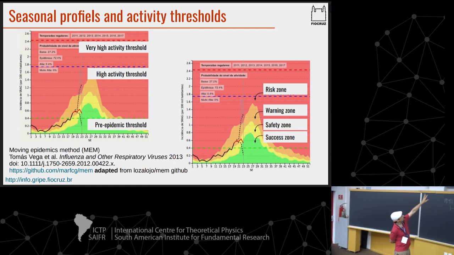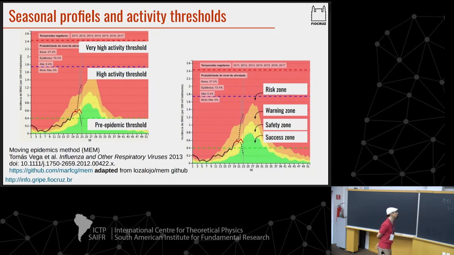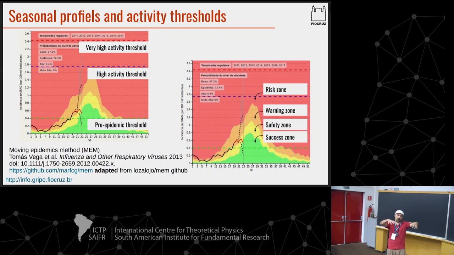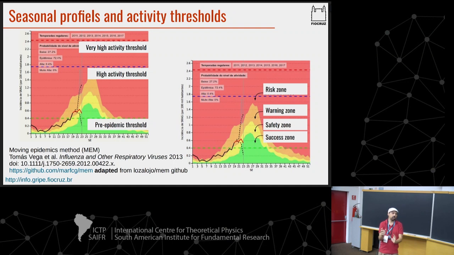Now, the high activity threshold and the very high activity threshold follow the same idea: I build the distribution of cases that I observe at every week in my epidemic years, and then I look at different quantiles of that distribution.